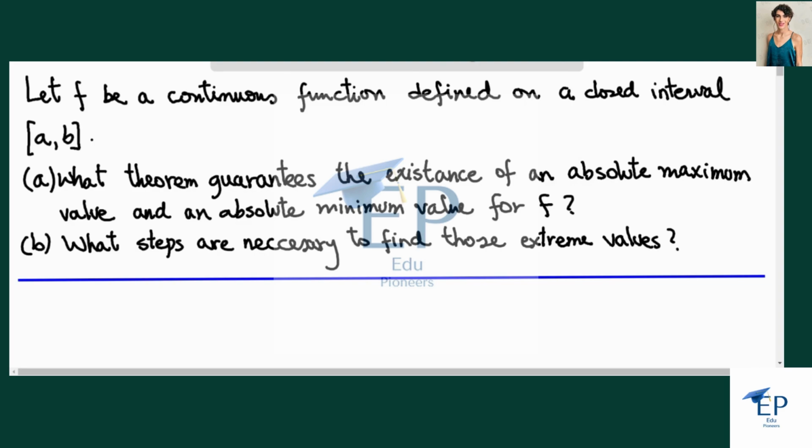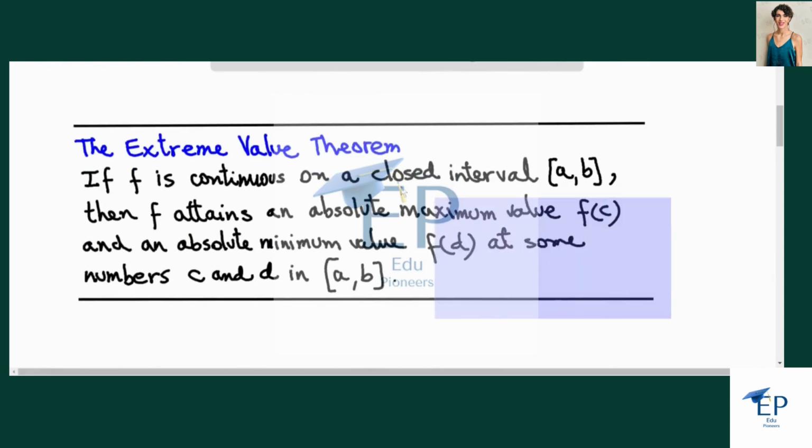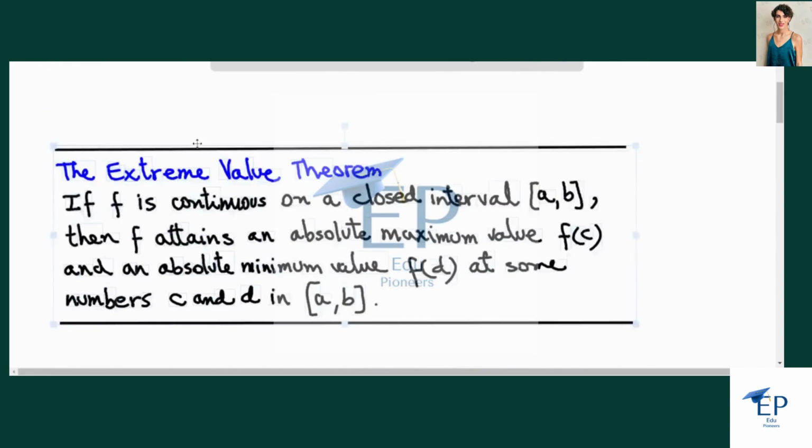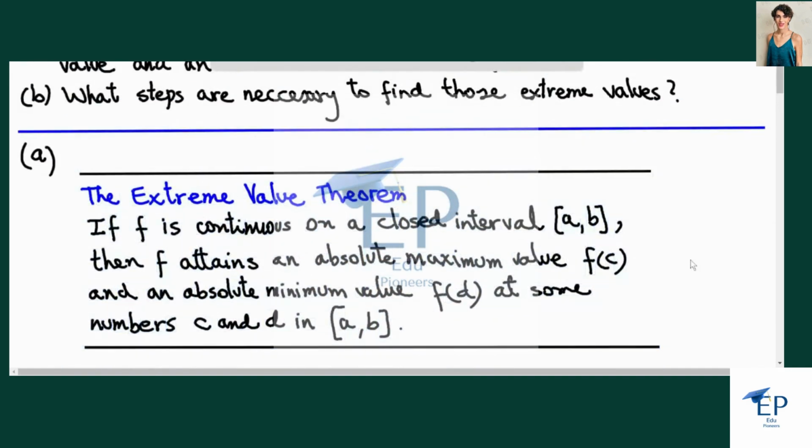So in part A, we are talking about the extreme value theorem, which we have here. And that theorem states that if a function f is continuous on a closed interval [a, b], then f attains an absolute maximum value f(c) and an absolute minimum value f(d) at some numbers c and d in the interval [a, b].